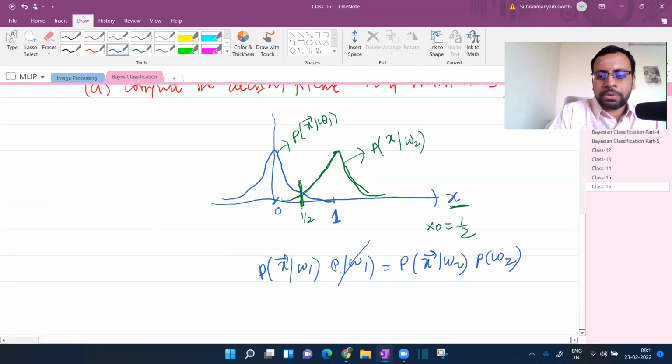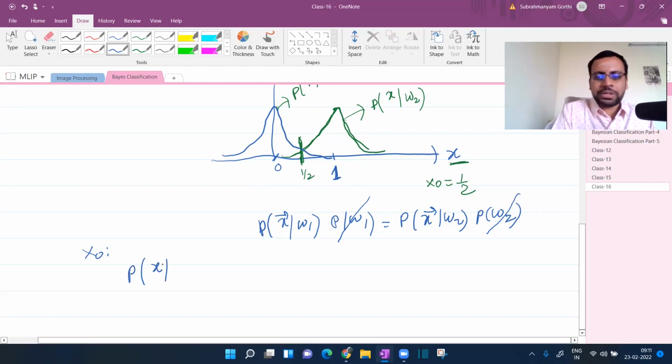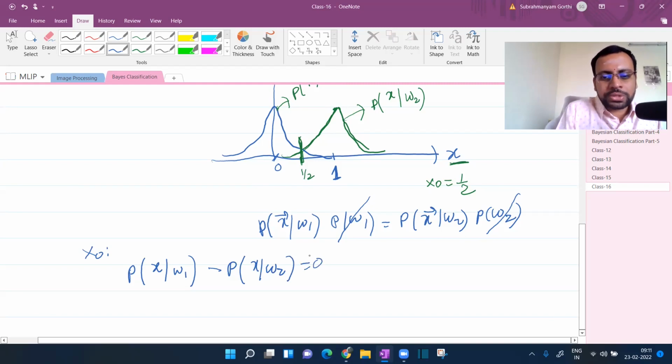Anyways, here the priors are the same. So how could I write that? x naught corresponds to that value for which probability of x given omega 1 minus probability of x given omega 2 is equal to 0.